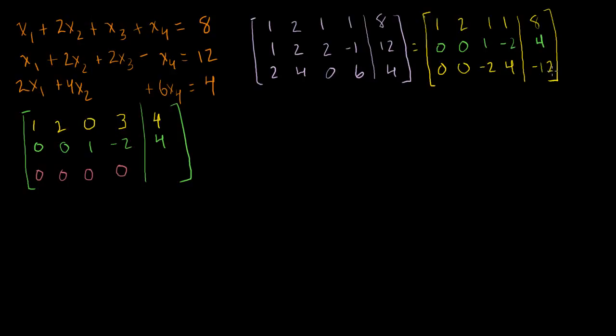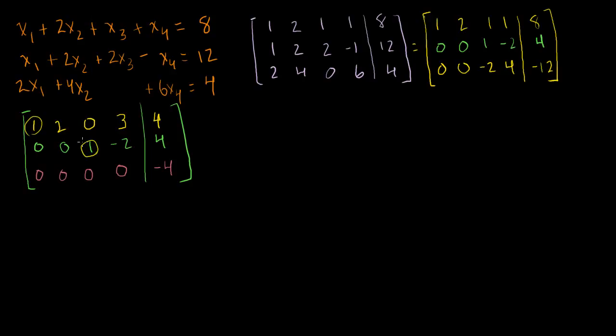And then I have minus 12 plus 2 times 4. That's minus 12 plus 8, that's minus 4. Now, this is interesting. I've essentially put this in reduced row echelon form. I have two pivot entries. That's a pivot entry right there.